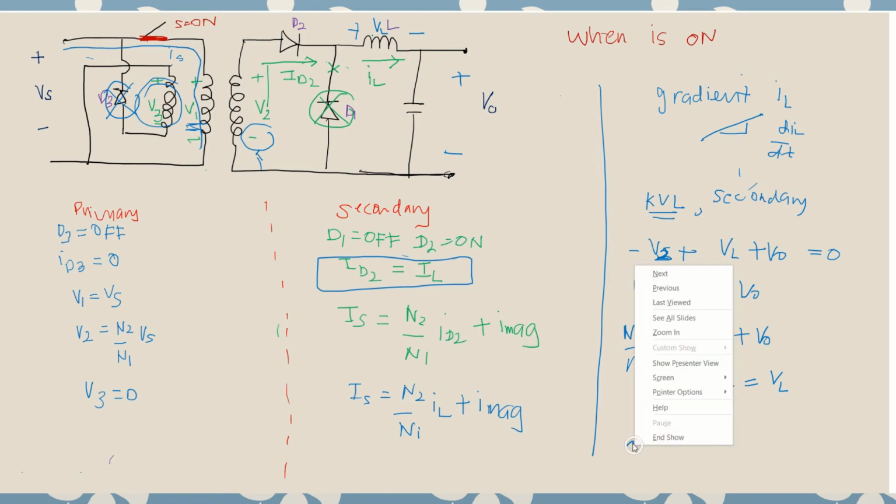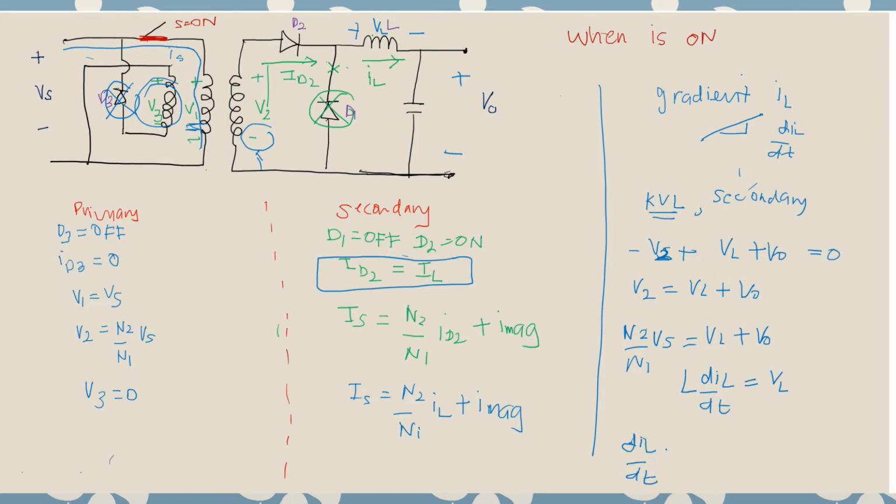We will get dIL over dt equals, so this formula here is important when we draw the waveform later. It shows the gradient of IL.